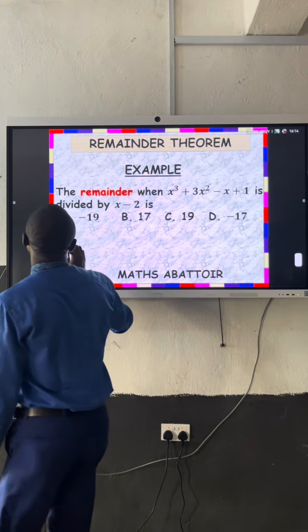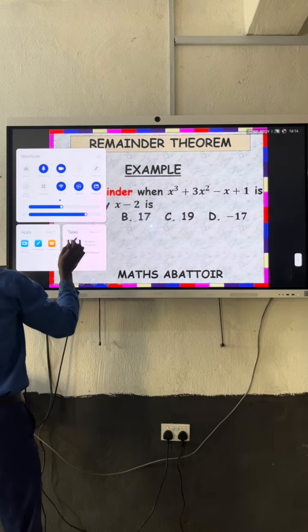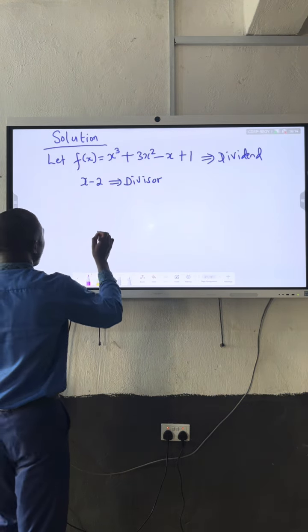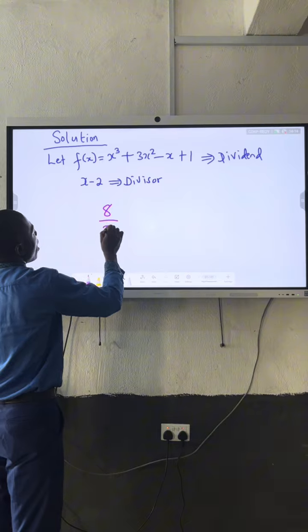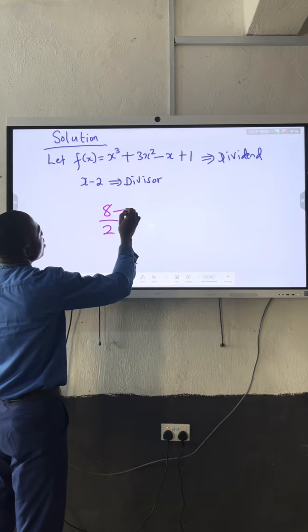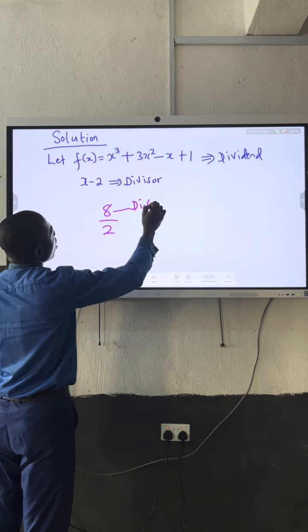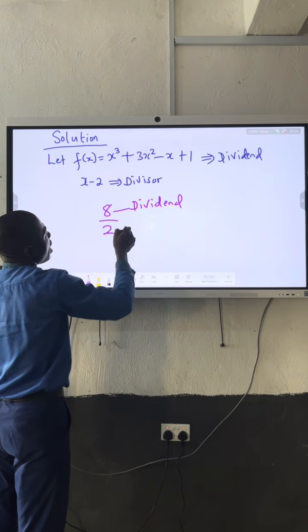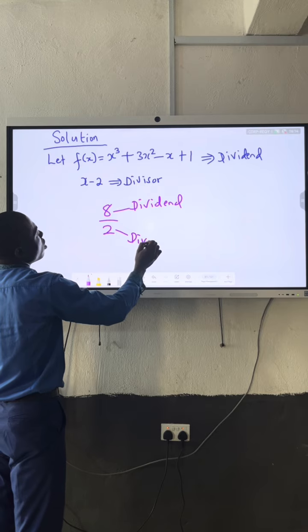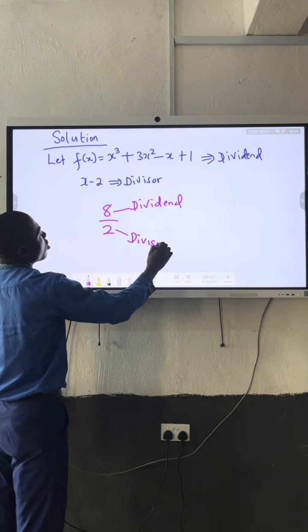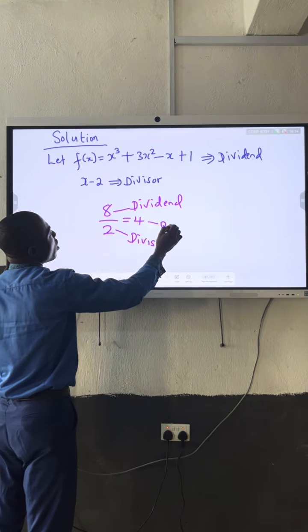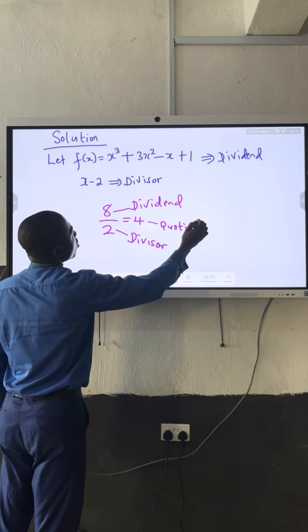Now, if you have 8 divided by 2, for example, this 8 that is being divided is called the dividend. The 2 that the 8 is dividing by is called the divisor. The answer you get, 4, is called the quotient.